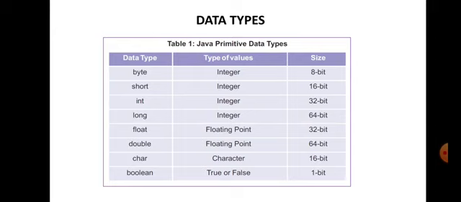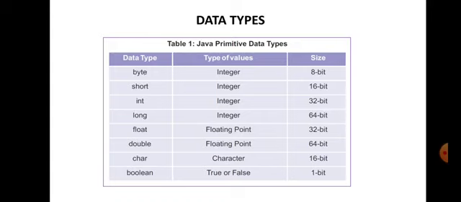Memory is divided into bytes. Each variable needs a certain number of bytes to store values. So for integer it is 4 bytes. In terms of bits, it is 4 multiplied by 8, which is 32 bits.